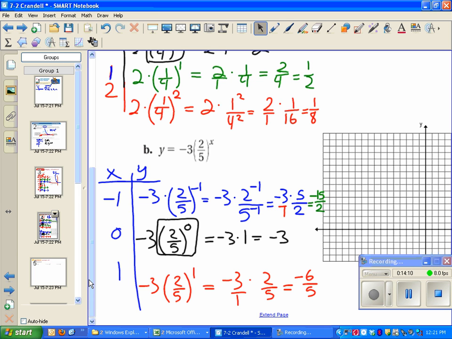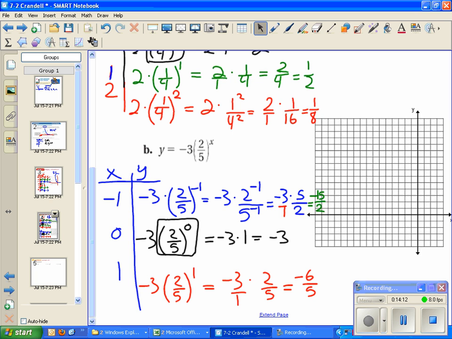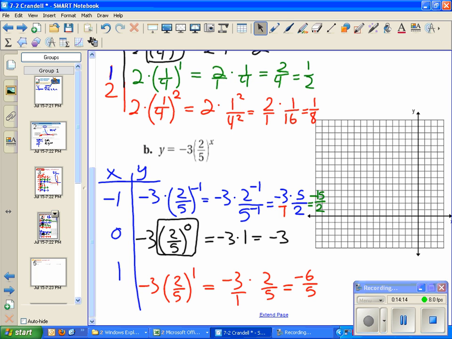All right, so when I graph this, this is not quite the right setup for my grid, but we can deal with that. All right, so when we graph -1, -7.5, we'll call that -7.5. So when I graph -1, it's right about there. 0 is -3, and 1 is a little more than -1.